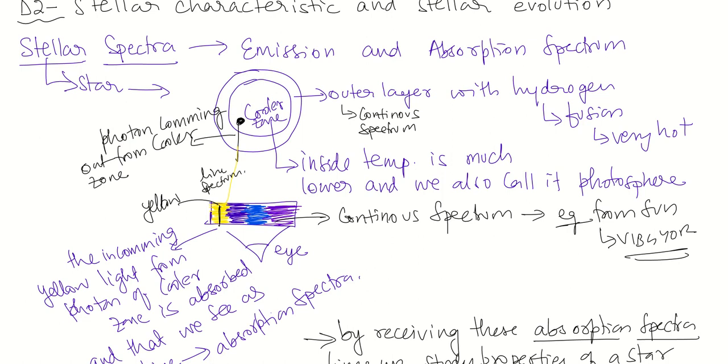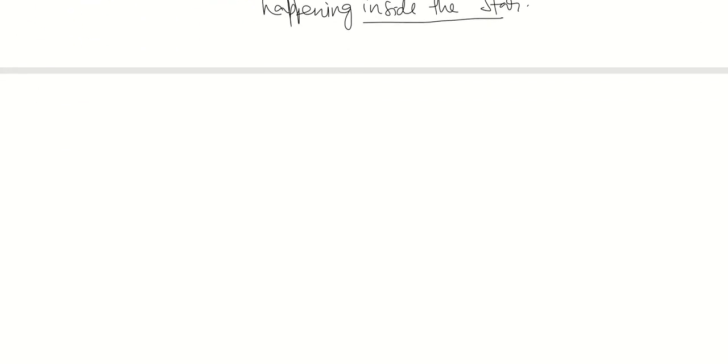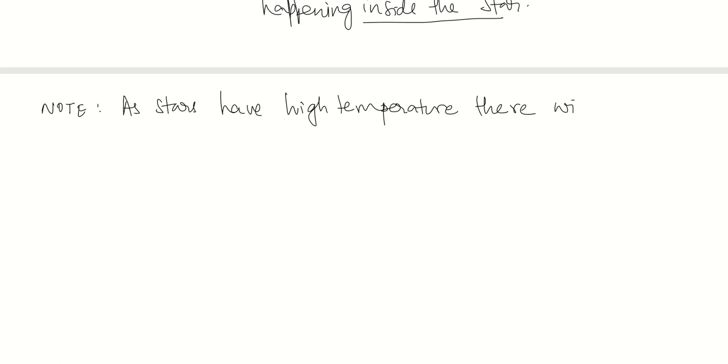Then it gets absorbed here, and then you watch and judge what the property of this specific star is. Now, there is an important thing to note here: as stars have high temperature, there will be less absorption spectra.